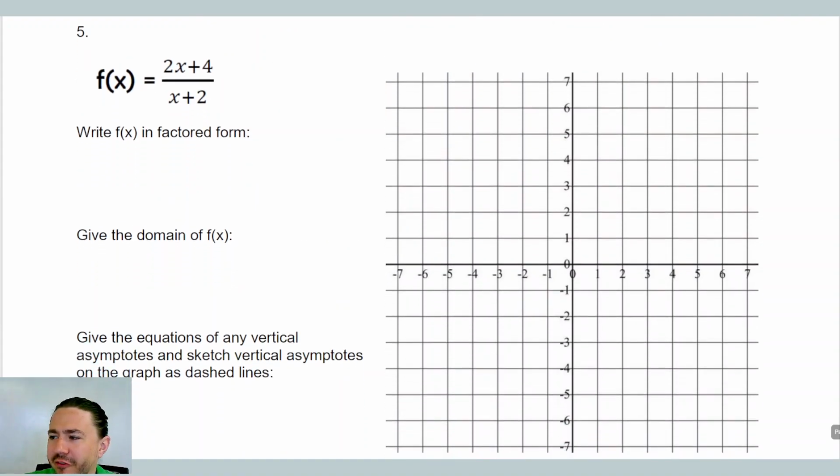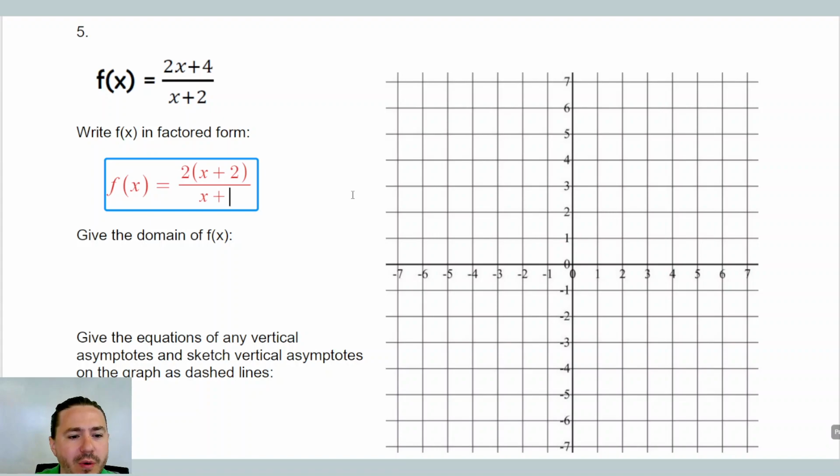This number 5, I can already tell, is going to be a little bit of a funky one. I think you're going to like this one, or hopefully you at least get a kick out of how it's different than all the rest. To write it in factored form, there's not much you can do in terms of factoring, but we can factor out a greatest common factor of 2 on the numerator side. And then right away we say, oh, we've got the same factor in the numerator and the denominator, so we know we're going to have a hole at x equals -2.